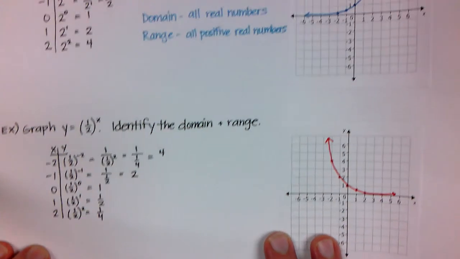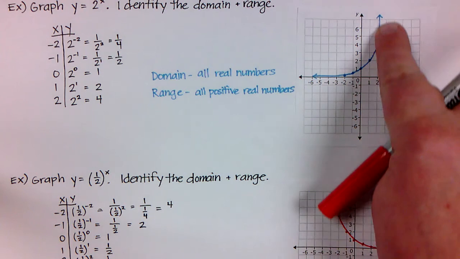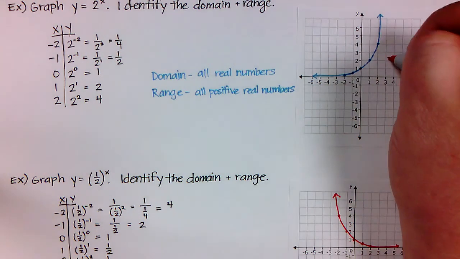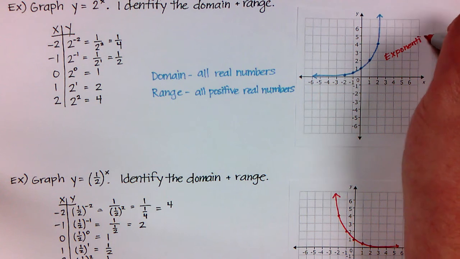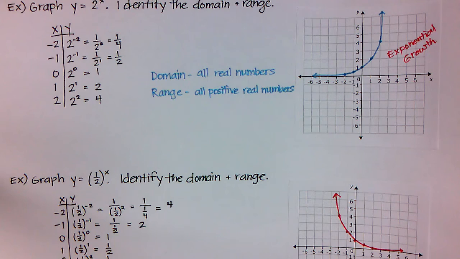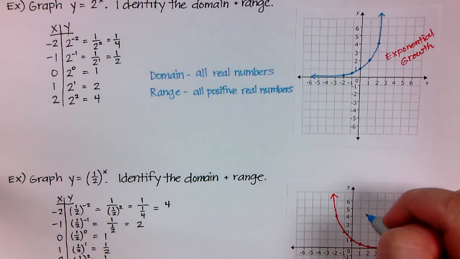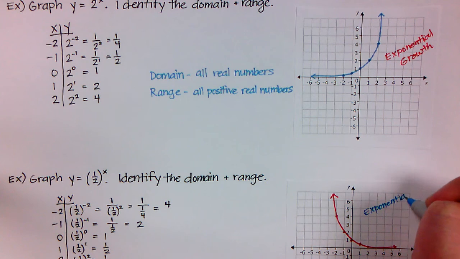So the top one was a growth, because as you were going along, it went bigger and bigger and bigger and it grew. So this was an exponential growth. While the bottom one is an exponential decay. Just going to add that to your notes.